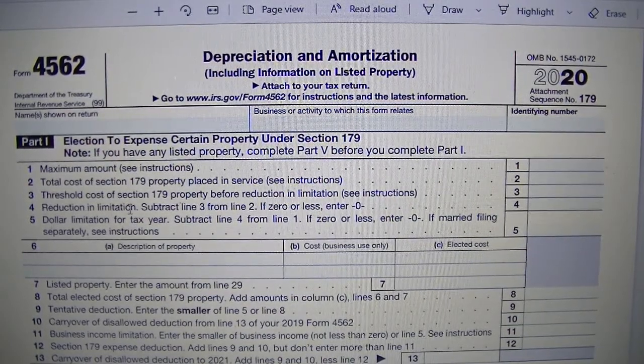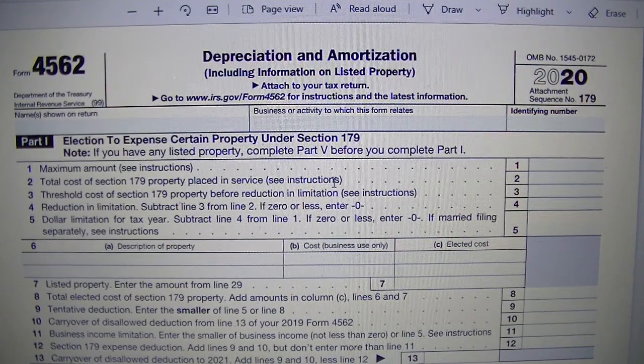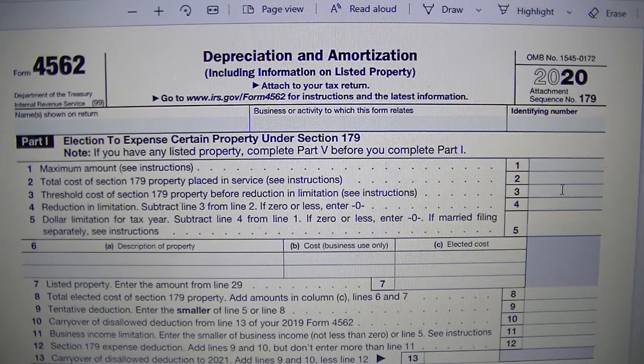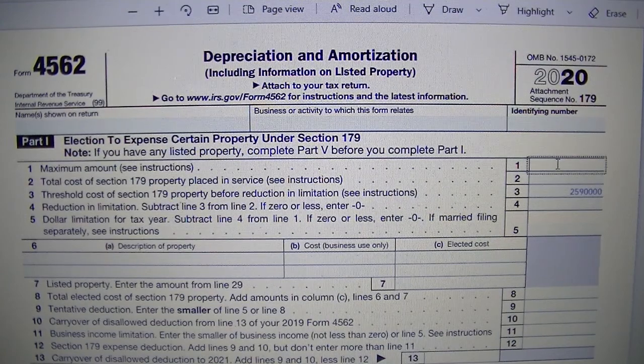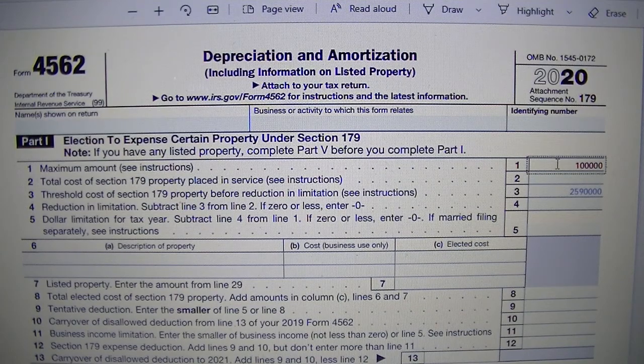Line 4, reduction in limitation. So you'll just take line 2 minus line 3. Line 3 is 2,590,000, and we are using 1 million just for an example.